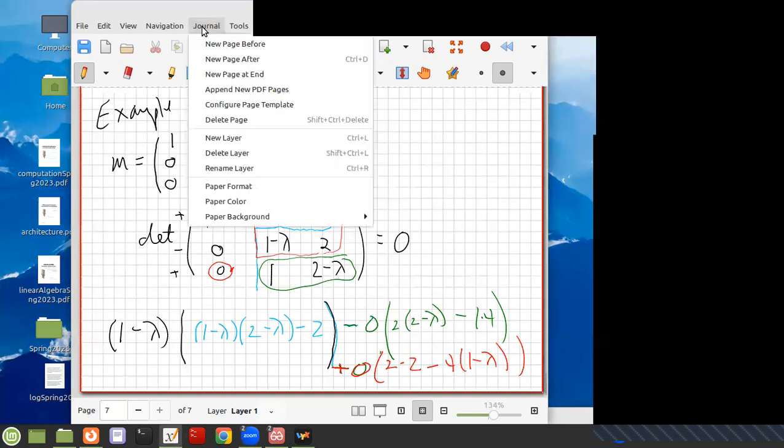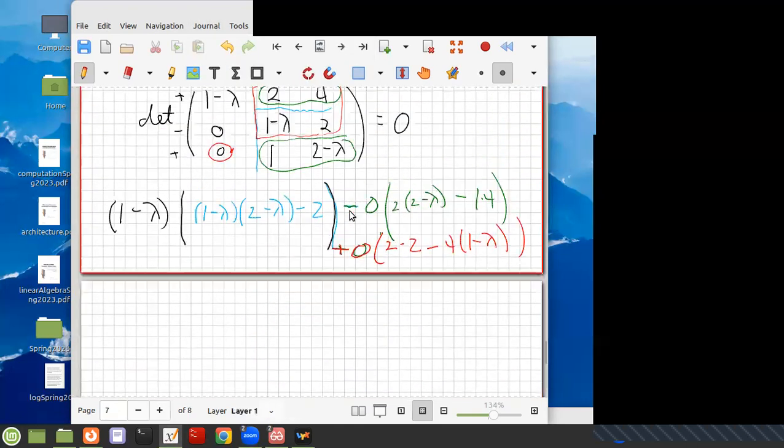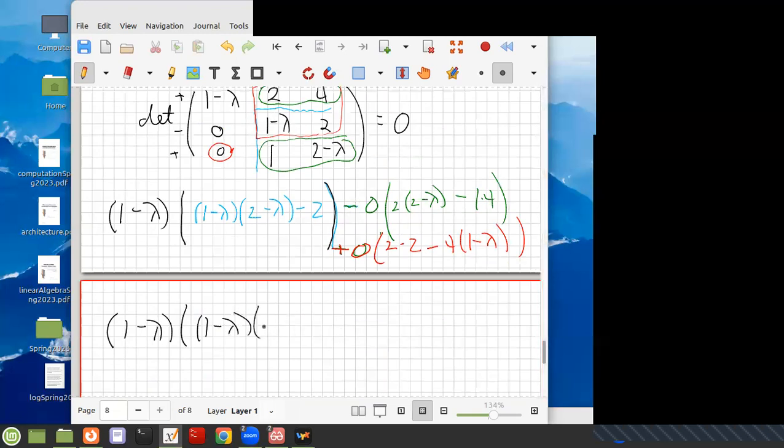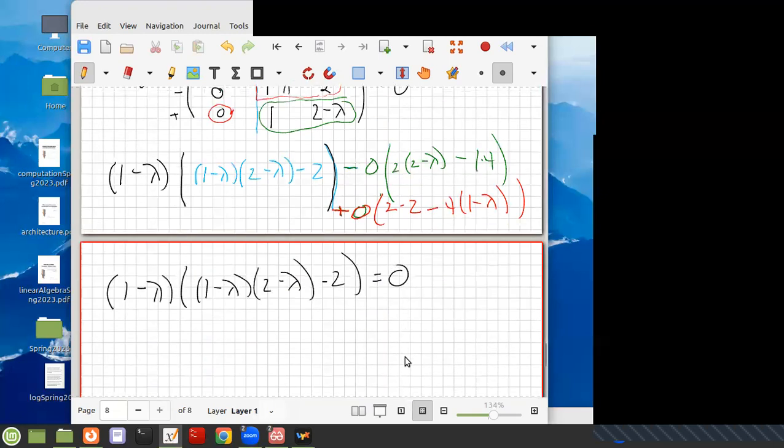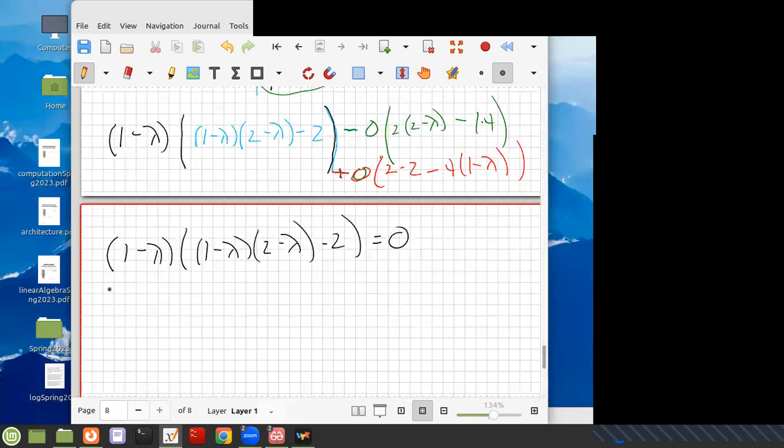Okay. So we can write this out. The result is going to be 1 minus lambda times (1 minus lambda)(2 minus lambda) minus 2 equals 0. And then we have to write all this out. Right away we can see that 1 minus lambda is one of the factors, right? Because that's multiple. So one of the eigenvalues is going to be 1.